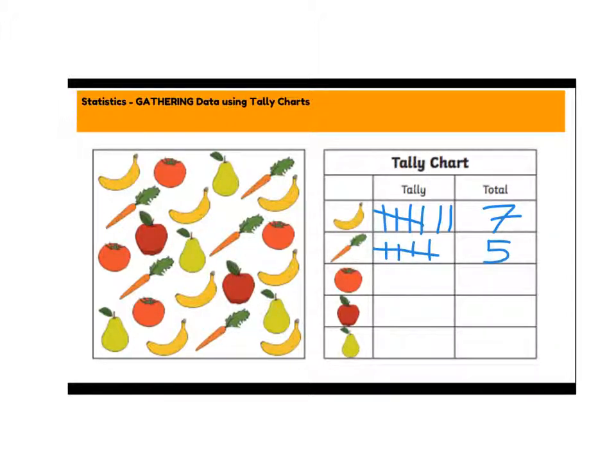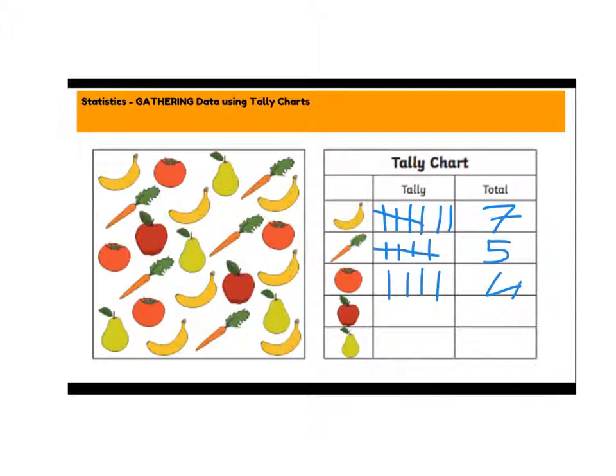Our next fruit is a tomato. See if you can have a look and guess what you think the tally would be for the tomato. If you guessed 1, 2, 3, 4, you'd be correct, and the total's 4.